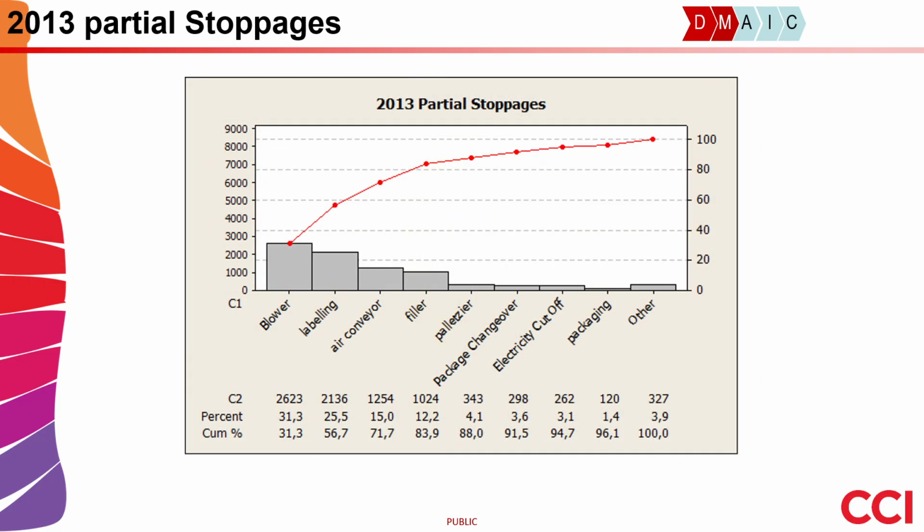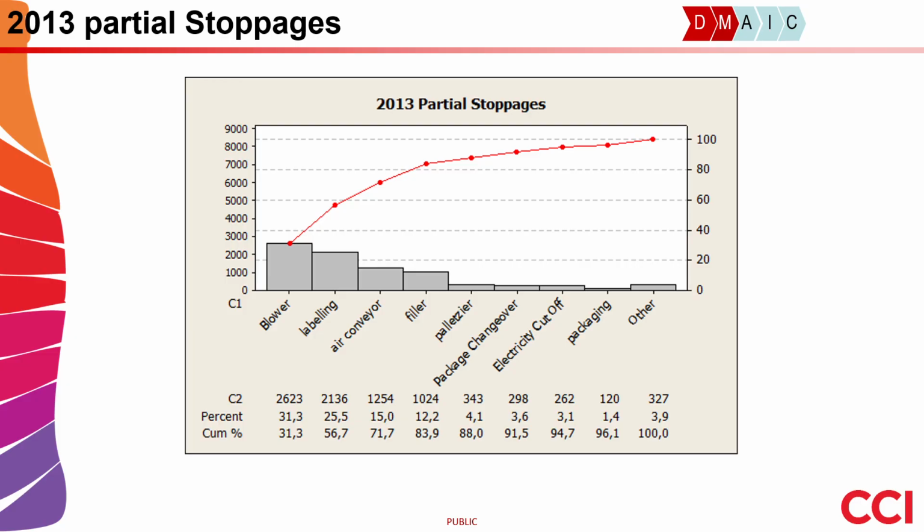After that, we will have the Pareto charts for these stoppages. As we have the data for multiple dates, we will club this data and put it in the Pareto chart. This chart is showing that the blower has maximum stoppages of 2623 minutes. Labeling has stoppages of 2100 and 2036. Then it's air conveyor with 1254 minutes of stoppage.